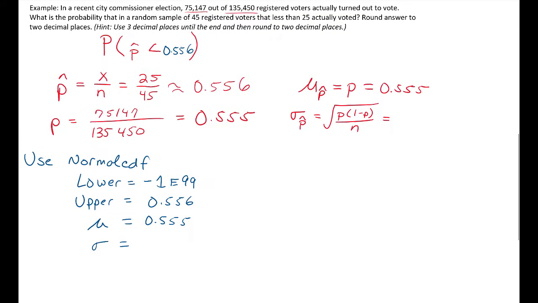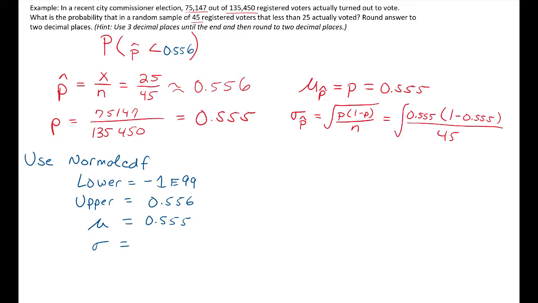Our p was 0.555, so it's going to be 0.555 times 1 minus that, divided by n, your sample size. Do not get n confused with your population size. So here our n is 45. That's our sample size. We'll divide it by 45, and we will take the square root.